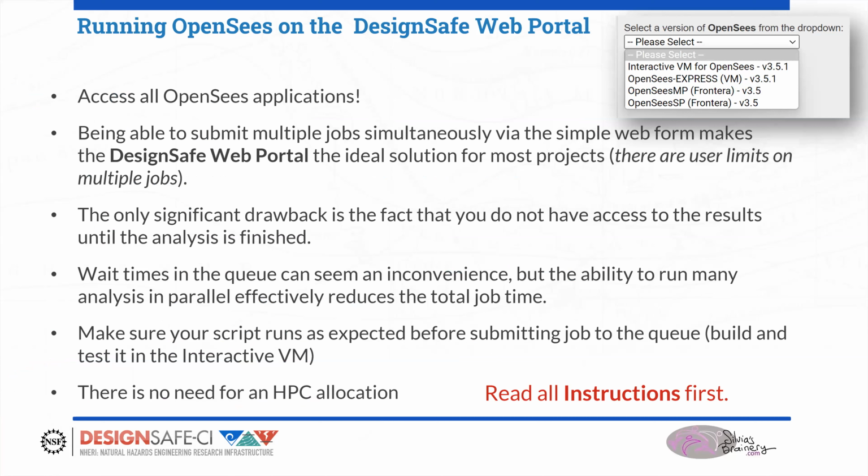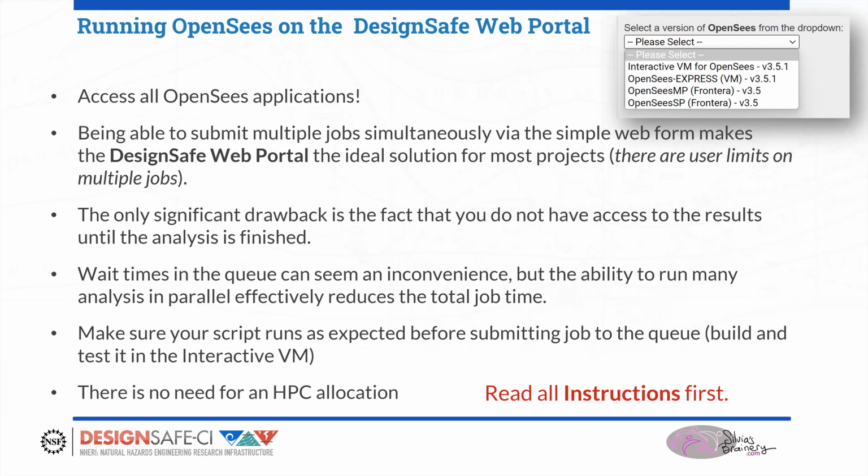The only drawback of submitting jobs to the supercomputer, no matter what, is that because it runs faster and therefore needs to move the data to the nodes, you don't have access to the results until the analysis is finished. And these wait times can seem an inconvenience, but the ability to run many of them really affects your total job time.